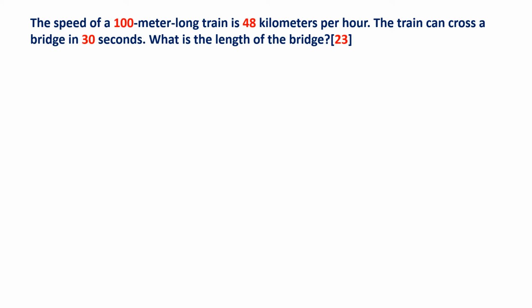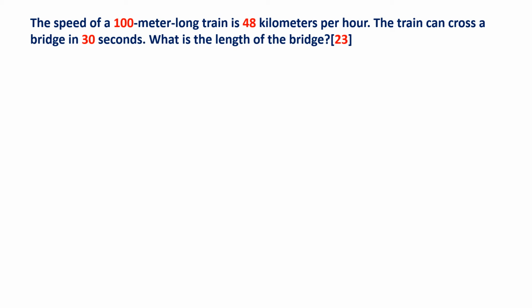The speed of a 100-meter long train is 48 kilometers per hour. The train crosses a bridge in 30 seconds. What is the length of the bridge? You know from the previous figure that when a train passes a bridge, the distance covered by the train is the length of the bridge plus the length of the train itself.